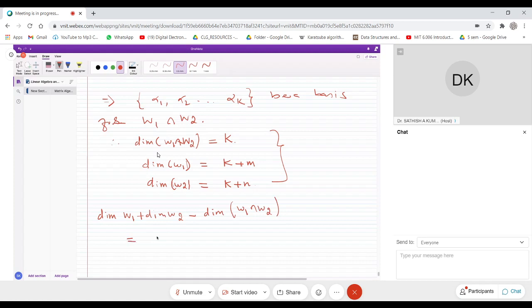If I do this, dimension of W1 is k plus m, plus dimension of W2 is k plus n, minus dimension of W1 intersection W2 which is k. One k cancels out, so this is nothing but k plus m plus n. This is what we have to prove: that this is the same as the dimension of W1 plus W2.